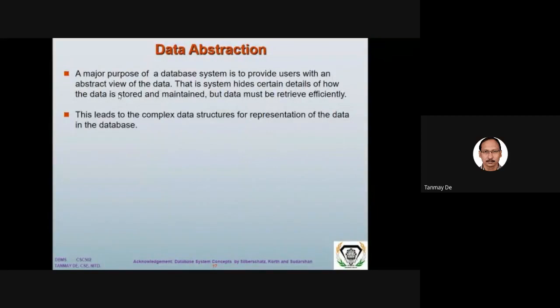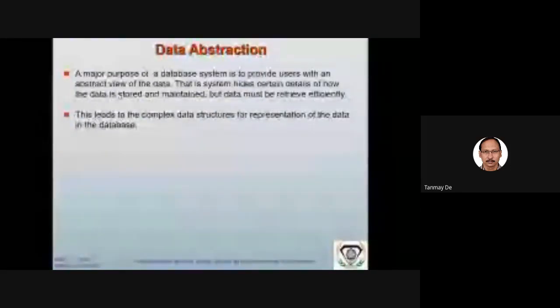In our last class, we discussed the major drawbacks of the conventional file systems and the application programs used in earlier days, and to overcome such drawbacks, the database management systems evolved. A database management system is a collection of interrelated files and a set of programs.